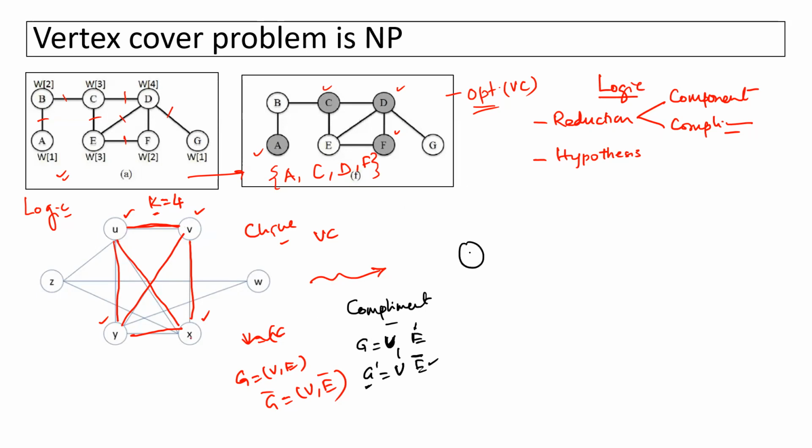So let me draw a complement graph for you. This is Z, U, then V, then W, and then Y, and then X. Find an edge which is not there in this graph. VW is not there, so draw this. Clear? Z to Y is not there, so draw Z to Y. Similarly, you will observe that WX is not connected, so draw WX.